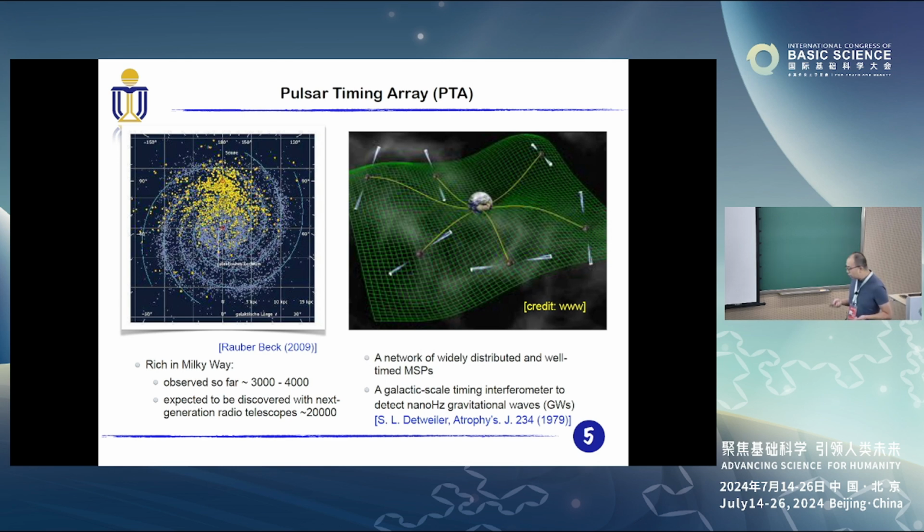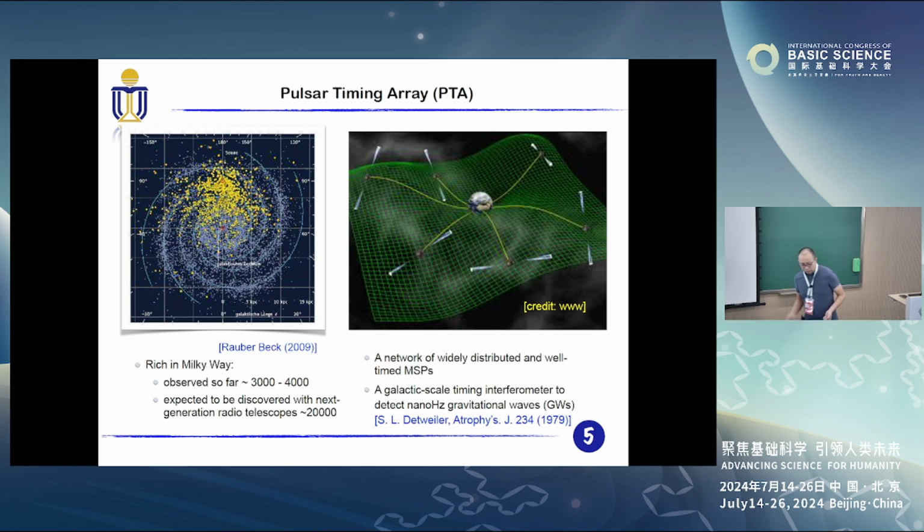Because of these nice features of pulsars, as early as the late 1970s, it was suggested to construct a network of widely distributed and well-timed millisecond pulsars as a galactic scale timing interferometer.